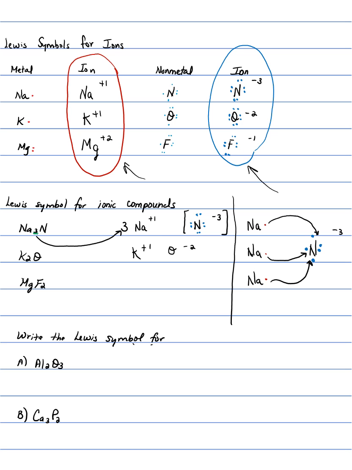Oxygen, the neutral element in the periodic table in group 6, will have 6 valence electrons. The ion of oxygen with a charge of -2 is gaining 2 electrons, so it will go from 6 to 8 electrons. So I'm going to put the dots around because it's always 8 for the nonmetals.